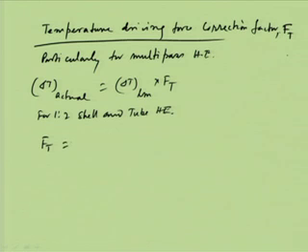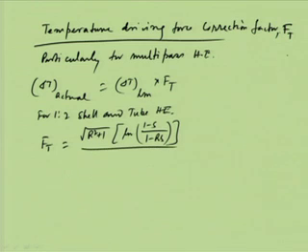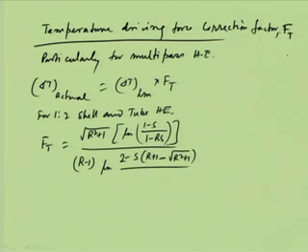Now, Ft is given by root over of R squared plus 1, then ln of (1 minus S) by (1 minus RS), divided by R minus 1, then ln of [2 minus S into (R plus 1 minus root over of R squared plus 1)] divided by [2 minus S into (R plus 1 plus root over of R squared plus 1)].